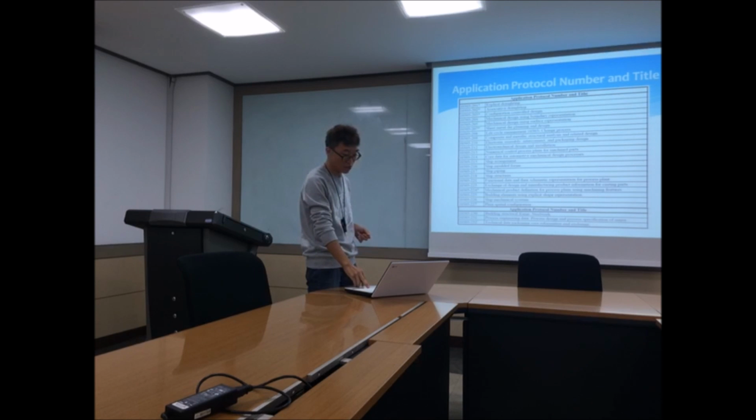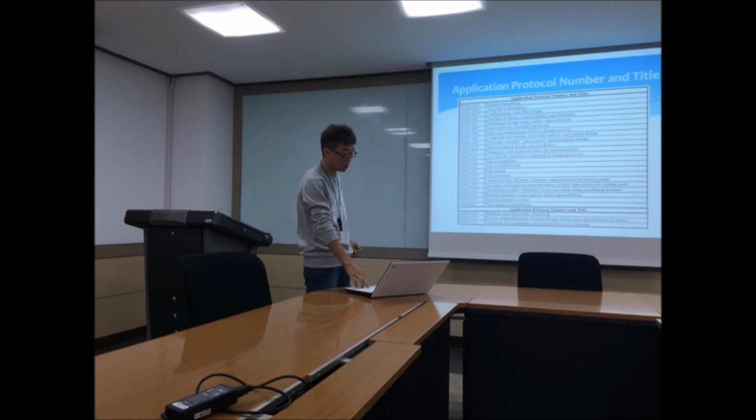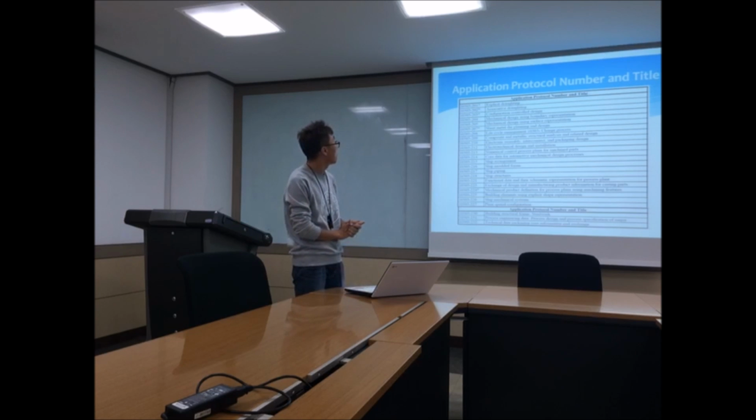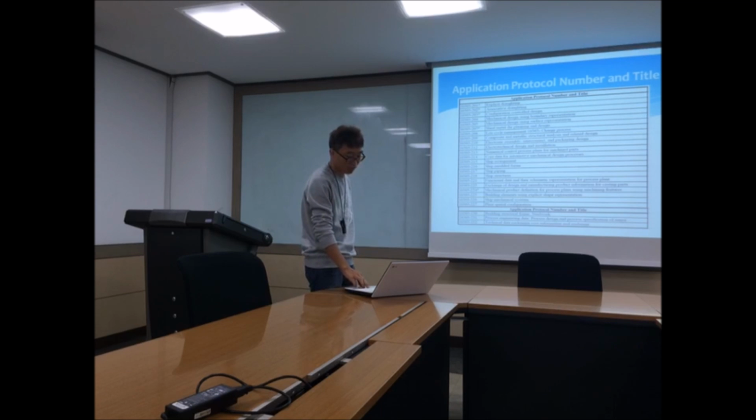And these are the relevant protocol numbers and titles for different processes. And here, the first one can be called explicit joining, and also in different processes with different numbers and titles.